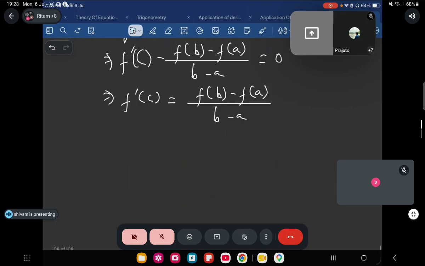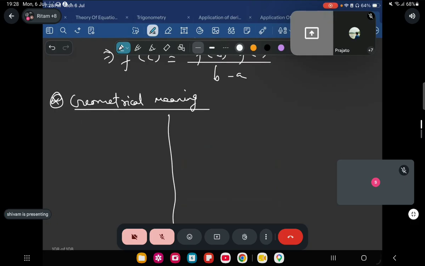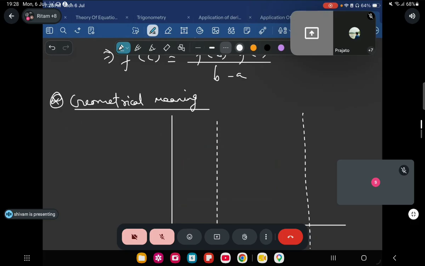Okay. Geometrically, what does it represent? Pay attention. Geometrical meaning. This is A. This is B. See, everyone.